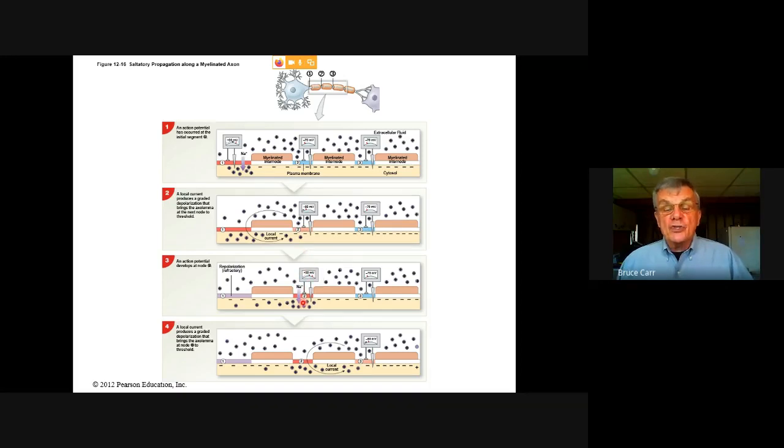Node 2 is flooded with sodium and it leaps to node 3. So what I'm saying about this myelinated axon is that insulating these segments with myelin sheath actually speeds up the transmission of an electrical impulse. It makes the electrical impulse move through it more quickly.